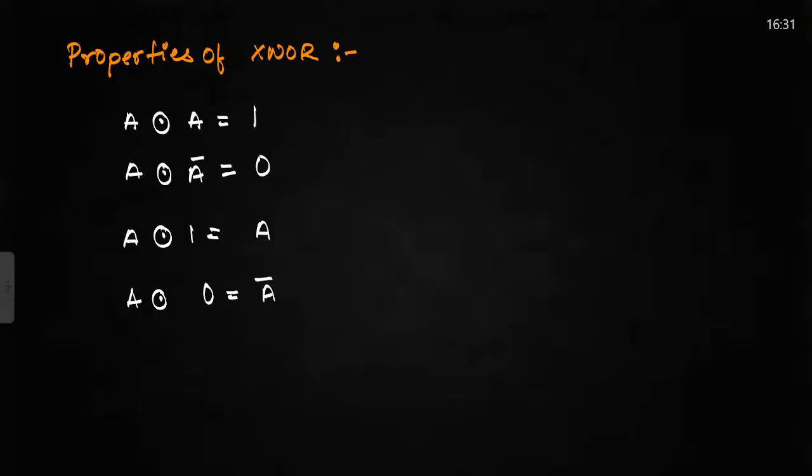So now we will understand one concept for XOR and XNOR. Let us say I am having an XOR gate. Let us take this one as A and I will take 1 as constant.